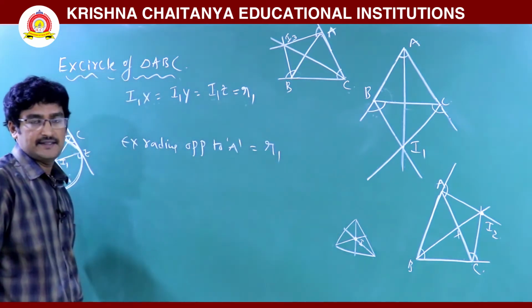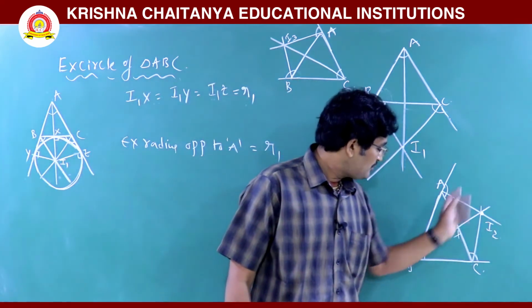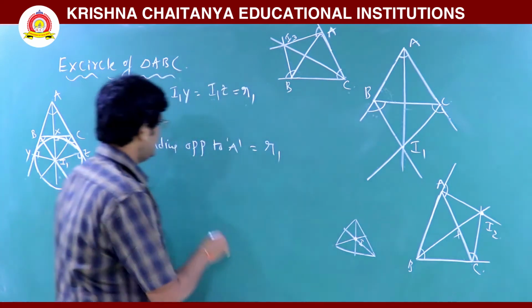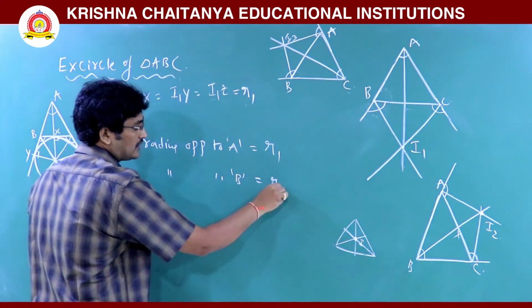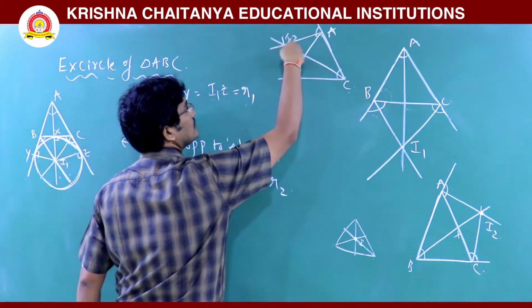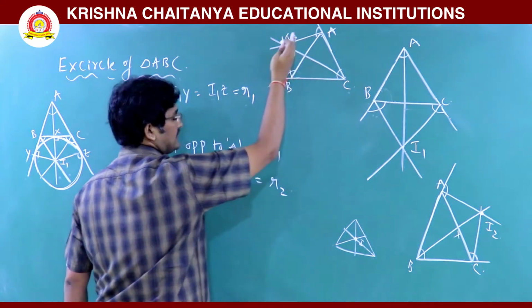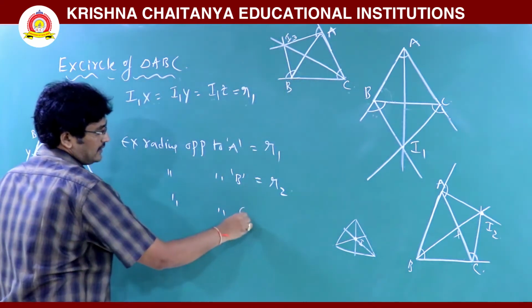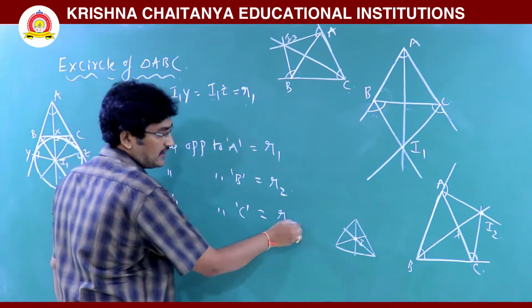This is the exradius of the circle opposite to B, which is denoted with R2 in general. One more circle is located there, which is the excircle opposite to C. The radius of that excircle is denoted with R3.